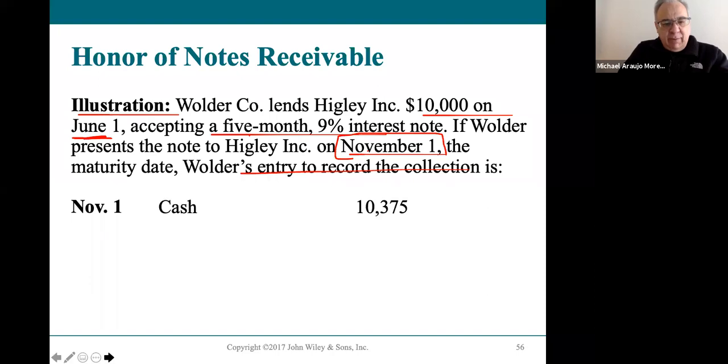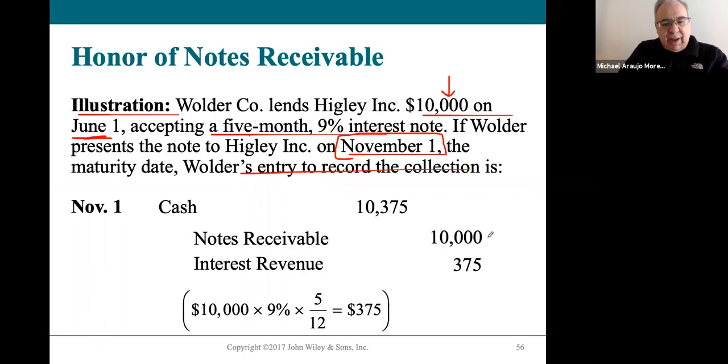What would Wolder record for the collection of the note? Well, they would be collecting the note plus the interest at the same time. So they would be grabbing $10,375 in cash, of which $10,000 is the paid note. So $10,000 credit to note receivable shows that note is paid.